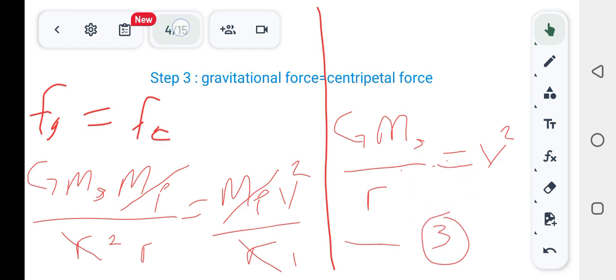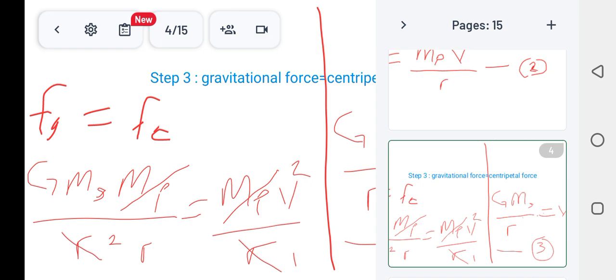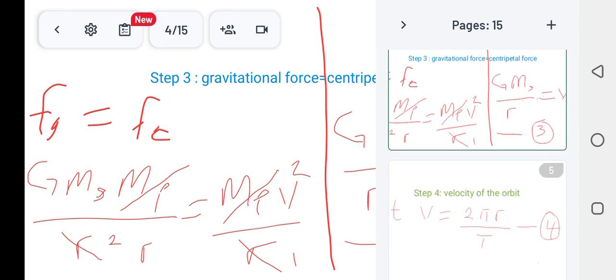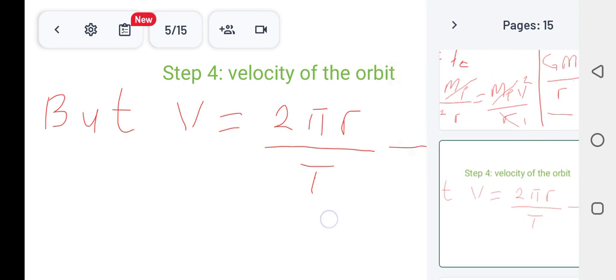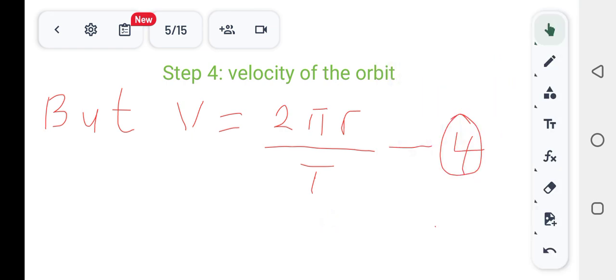Now let's move to the next step. Step 4 says the velocity of the orbit. The velocity of a planet in an elliptical or circular motion is given as 2 pi r over t.